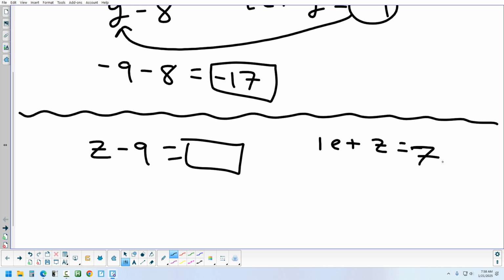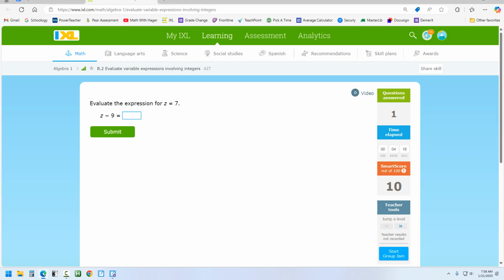All right. So let's plug in 7 for z. And Soleil, if I plug in 7 for z, what's 7 take away 9? -2. Yeah, -2. That's it. Let's plug that in and see if we get it right.